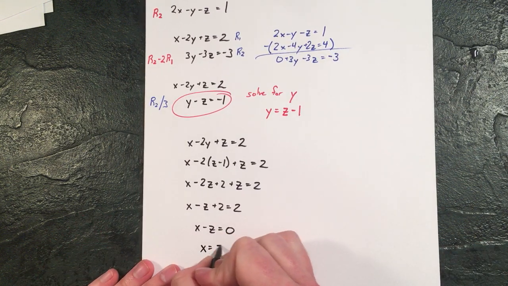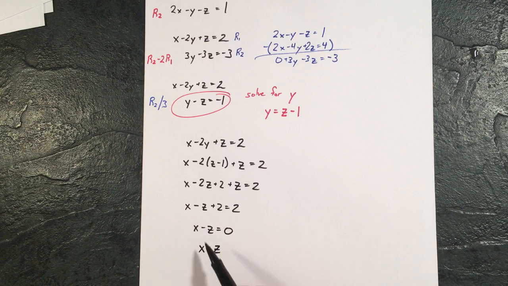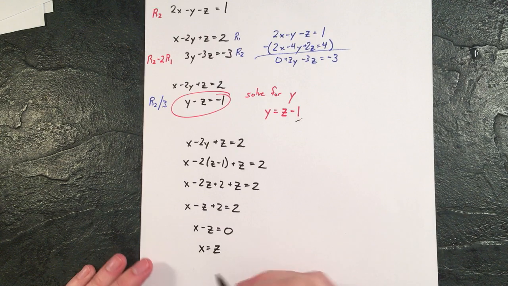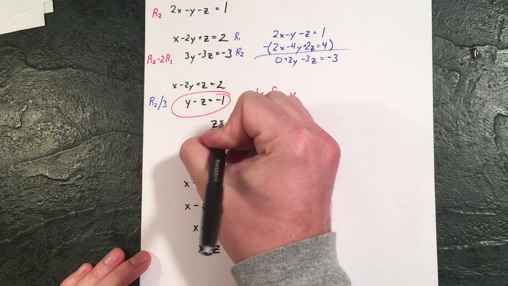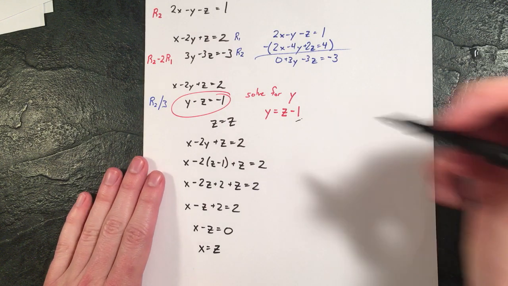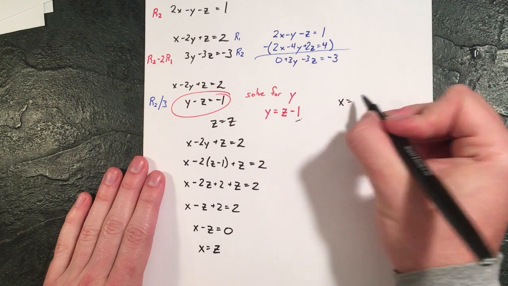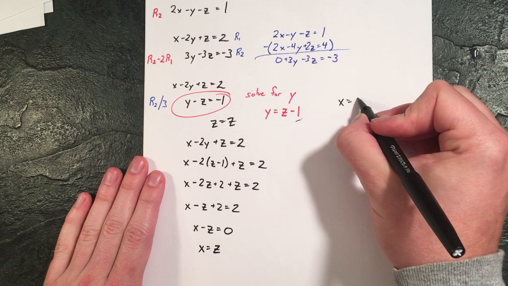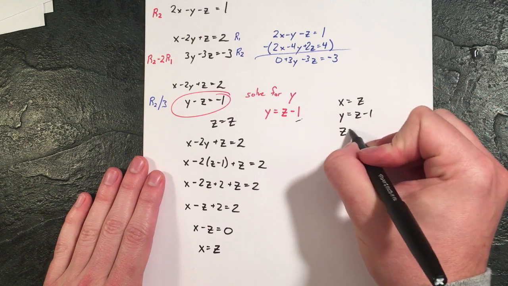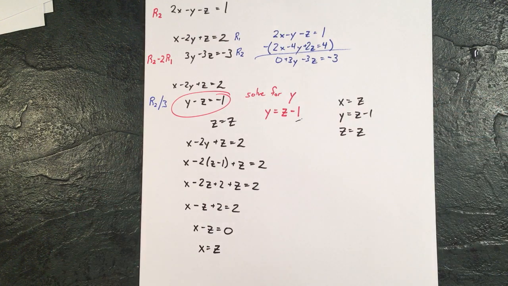Sorry about that. So we have x equals z, y equals z minus 1, and z is going to be equal to z, right? Because that's just itself. Kind of a no-duh statement. So what we can say here is we have x is equal to z, y is equal to z minus 1, and since z is z, we kind of have a nice outline of what our infinite amount of solutions would be here.